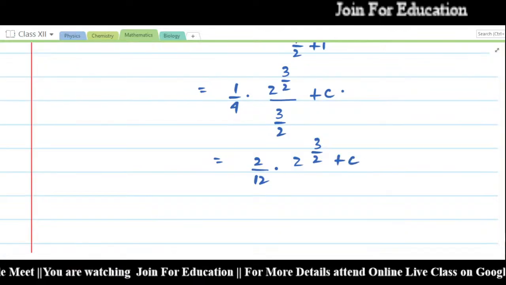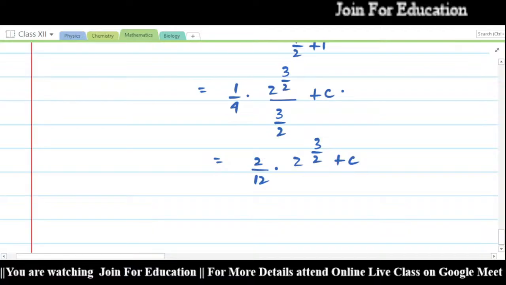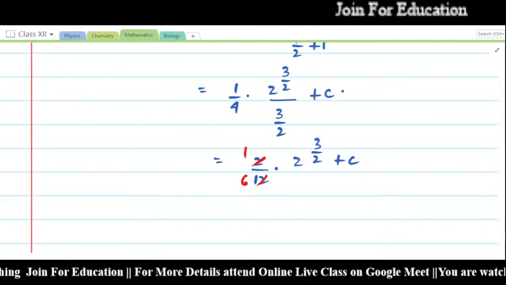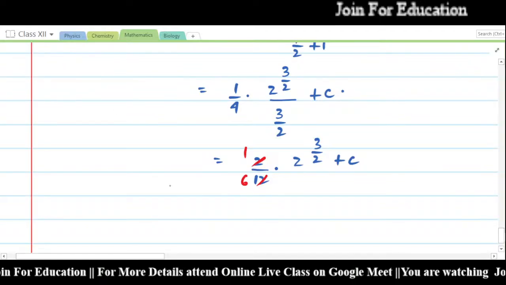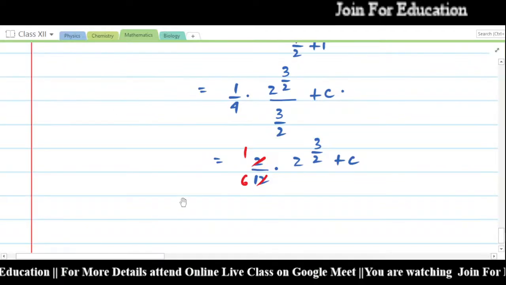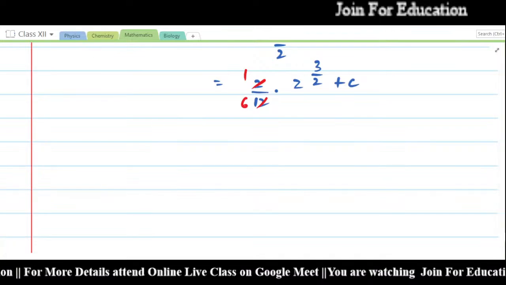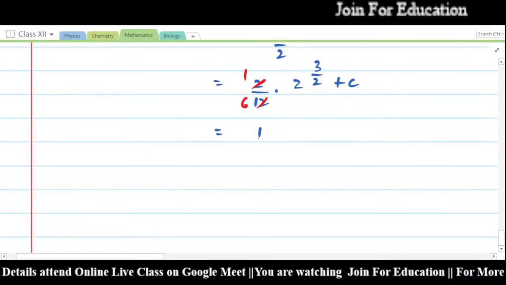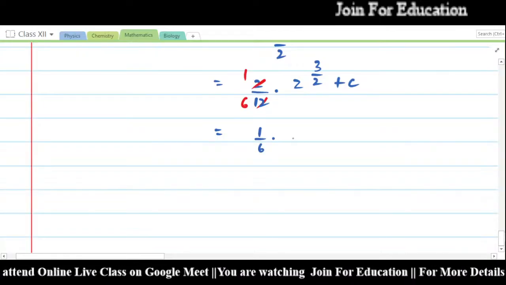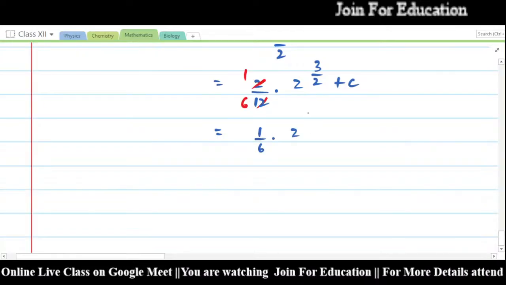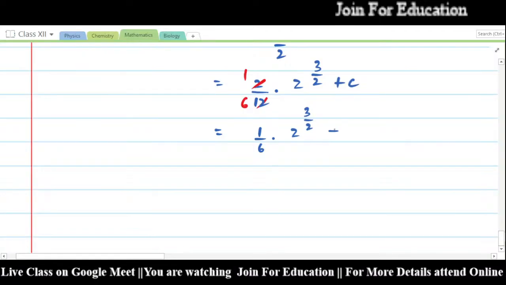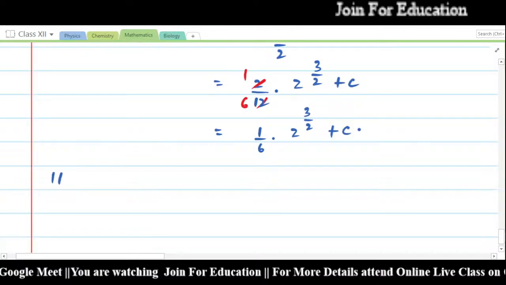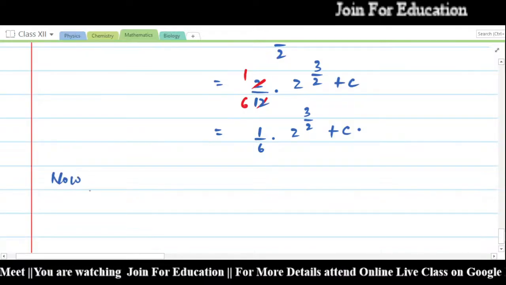Now we cancel out here: 2 ones are 2, and 2 sixes are 12. So the next step will be equal to 1 by 6 into z to the power 3 by 2 plus c. We write down now, putting the value of z.